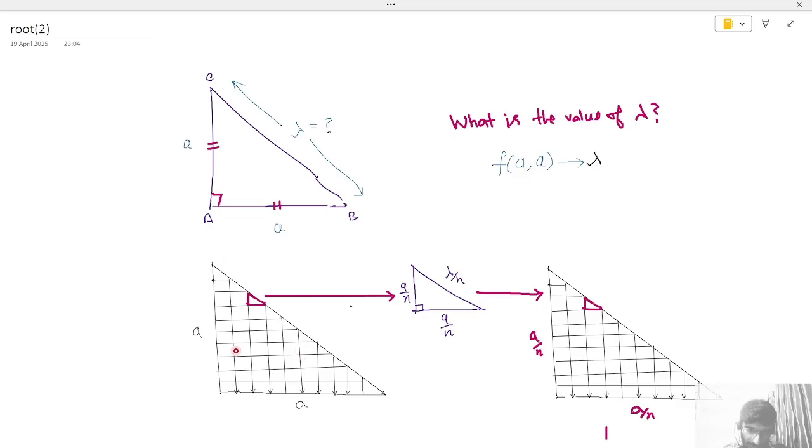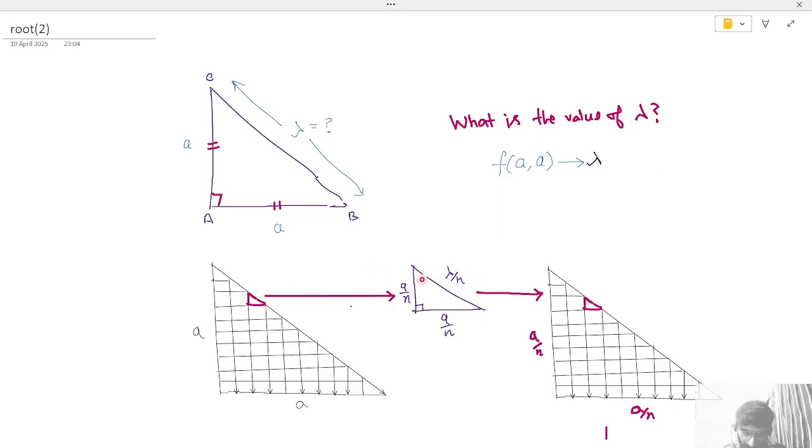So splitting this base will give you this triangle at the hypotenuse. So we'll pick one of these triangles. All of them are same. We'll pick one of it and we'll see that its base is a by n and perpendicular is also a by n with the hypotenuse lambda by n.